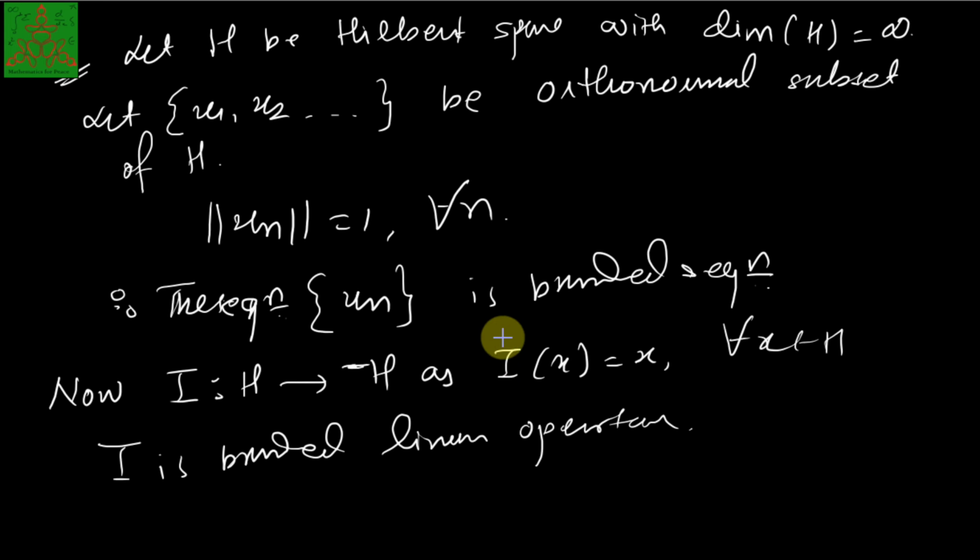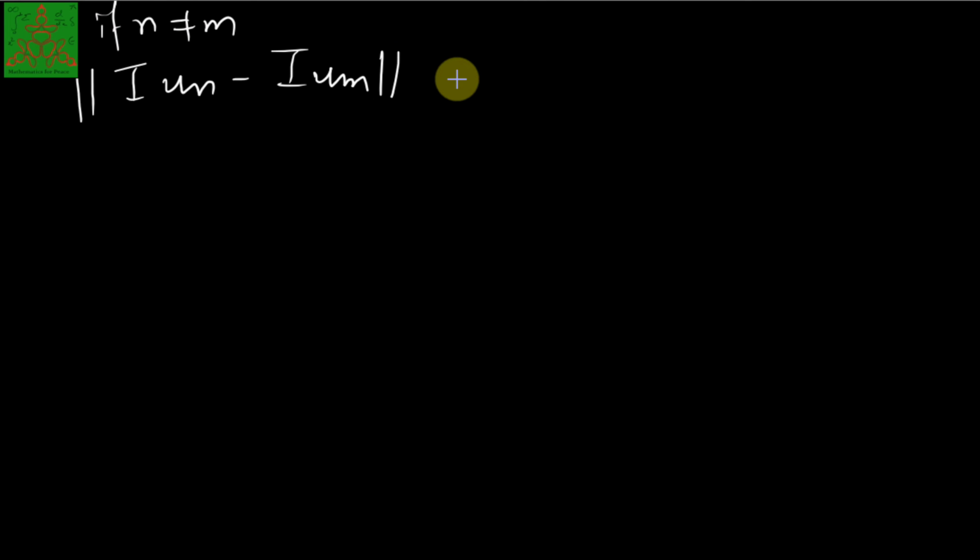So if I want to prove that it is not a compact operator, I need to show that I of un does not have any convergent subsequence. To see this, we'll start with the norm of I un minus I um, if I consider n not equal to m. Since it is the identity map, it is the norm of un minus um.